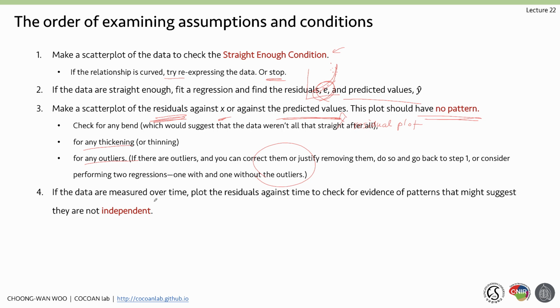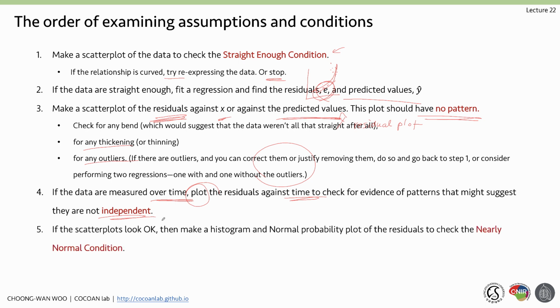If the data are measured over time, we have to plot the residuals against time to check for any patterns that might suggest they are not independent. There could be a pattern dependent on time, so we have to check that. If the scatter plot looks okay, then make a histogram and normal probability plot to check the nearly normal condition. If all conditions seem to be reasonably satisfied, we can go ahead and do inference.